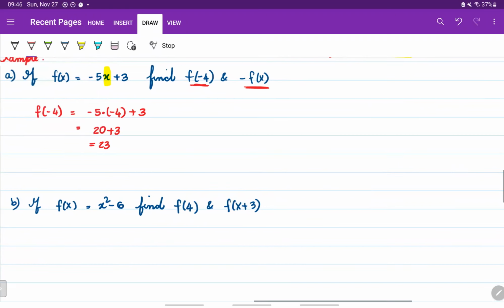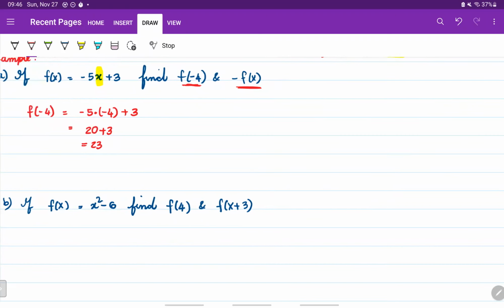Now, the next one here is negative f of x. There's nothing to do with x here, but it's saying negative of f of x. So if we have f of x as this, negative of f of x means negative of the whole of f of x, which is minus 5x plus 3, which will give us 5x minus 3.